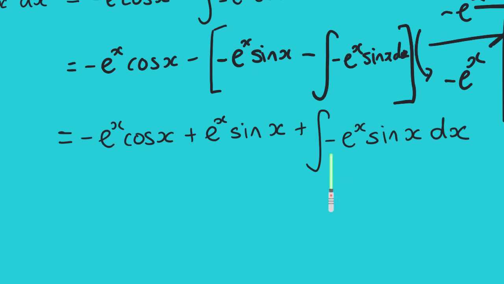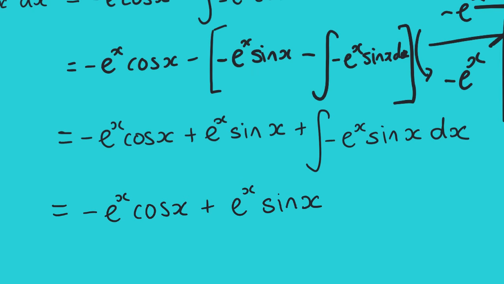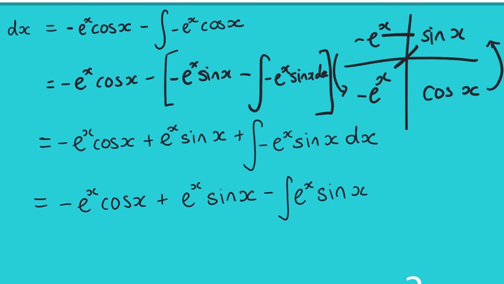Now, earlier we discussed not taking this minus out because it overcomplicates things. However, what was the original equation? What was the original equation, guys? It was e to the x sine x, right? So if I take this minus out here, if I factor out a minus, I get minus e to the x cos x plus e to the x sine of x minus the integral of e to the x sine x with respect to x.